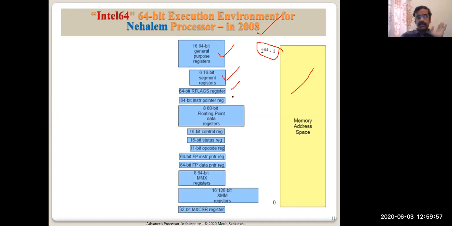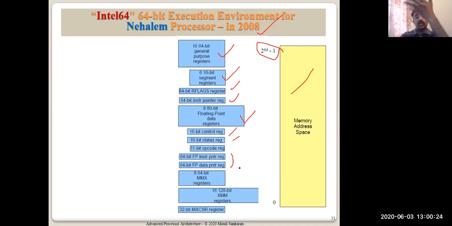Flags register, instruction pointer, and, as I told you, the integer register set and floating point register set, they have 80 bits. 80 bits means what? Double precision. Floating point data registers, and then control registers, status registers, and some instruction pointer registers.